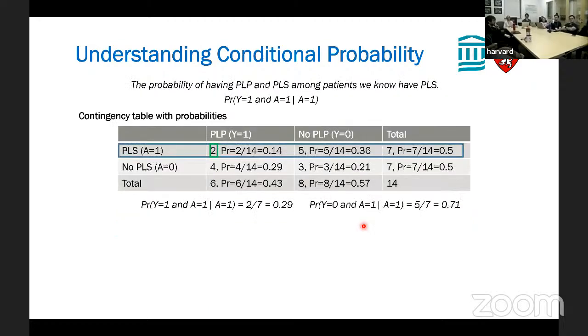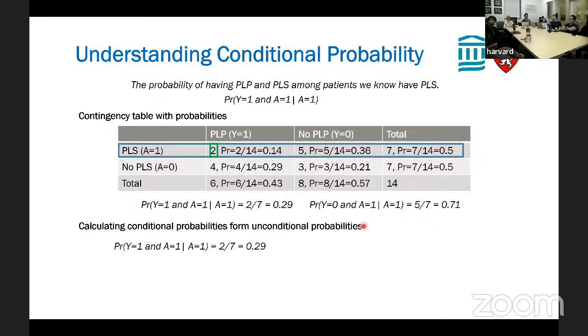Now there is an interesting property here that helps you understand how we use this. The property is that you can calculate conditional probabilities from unconditional probabilities. Let's do an example. We just calculated this conditional probability, right?